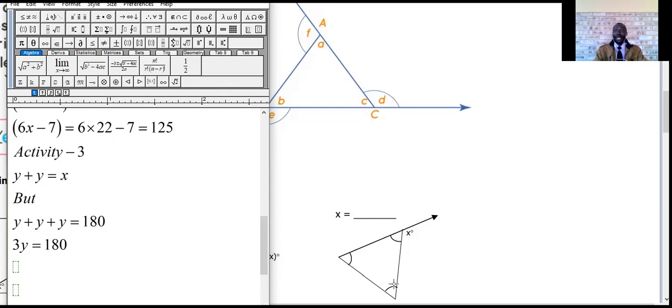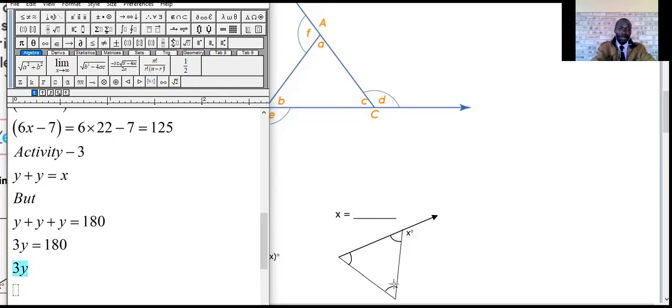It's very much like when you're adding oranges or something that you have, like you add this phone to the other phone to the other phone. You have 3 phones. You have 3p if a phone is represented by p. So we are going to have 3y equals to 180. So from here, what can we do? Well, from here, we can find the value of y.